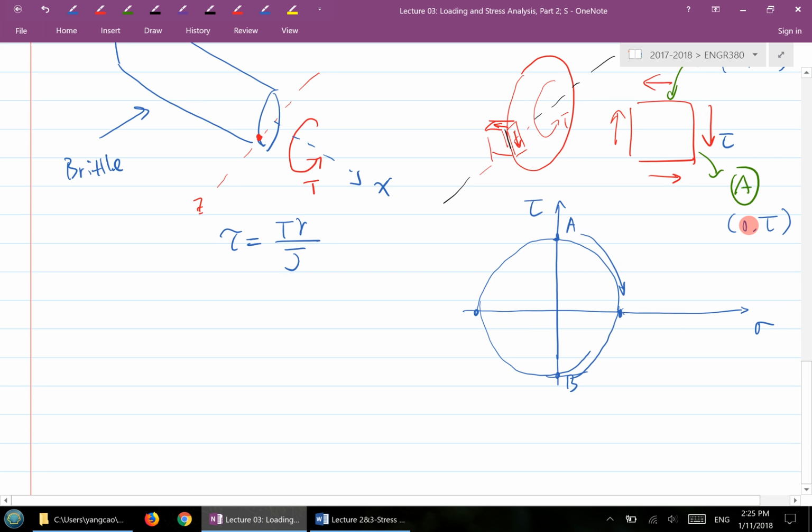So if you do that, you get essentially a stress element more or less like that. Initially it's this, and then you will do this 45 degree clockwise rotation up to this state.